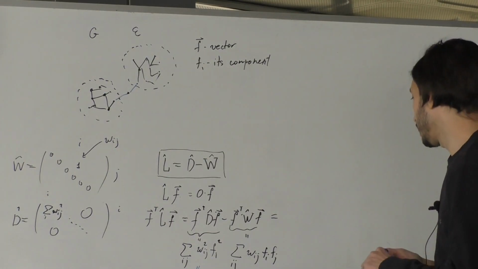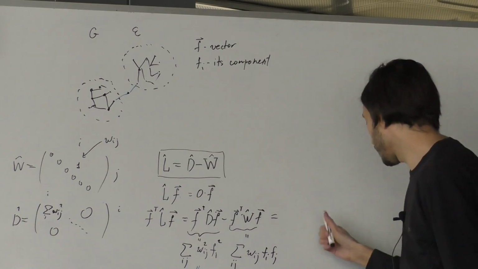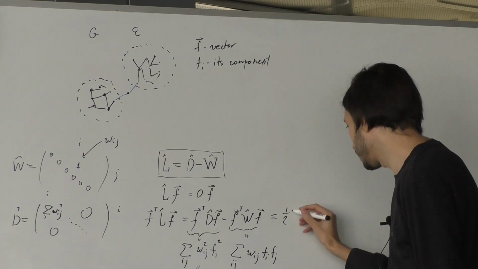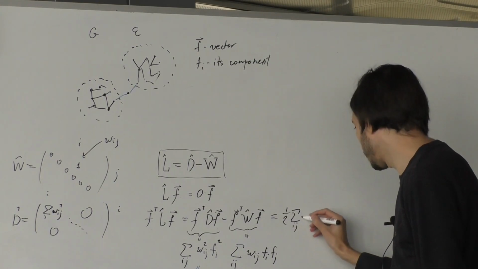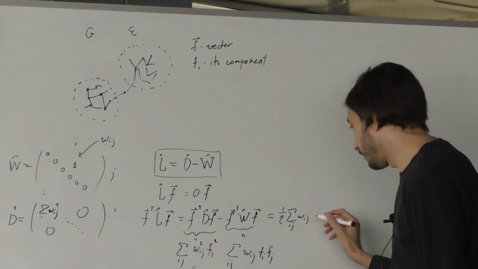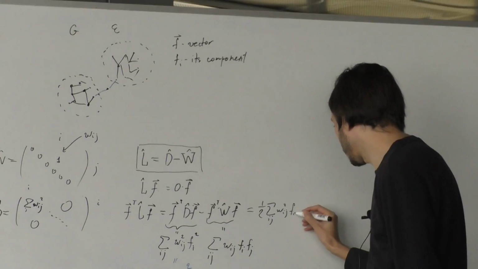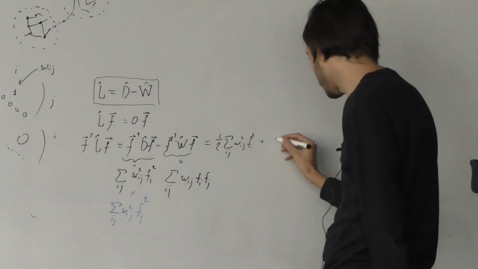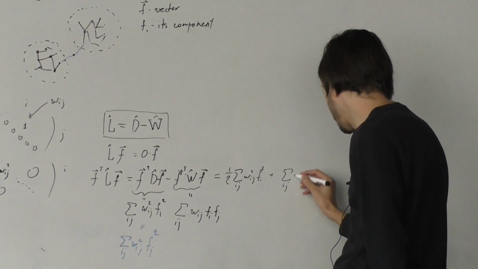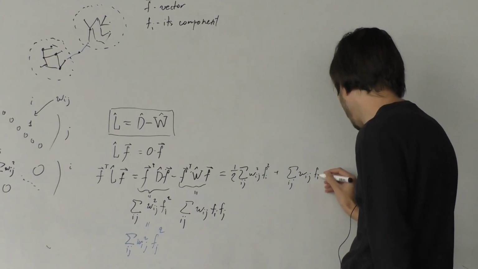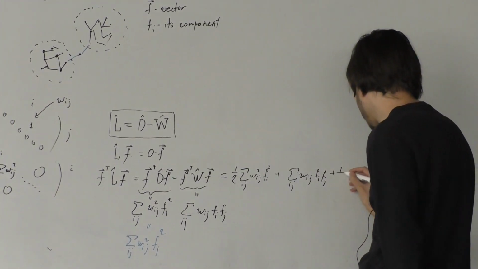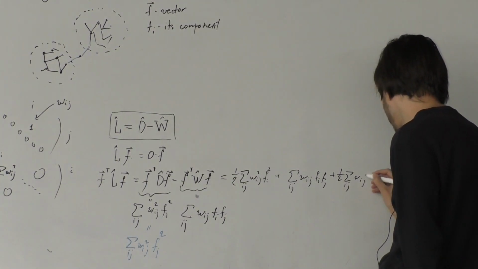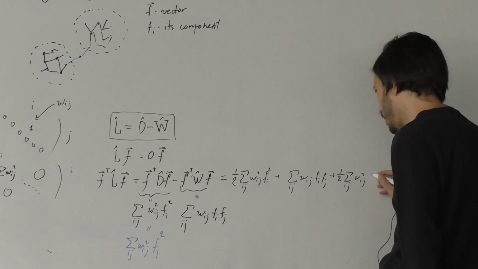And this equality means that I can write 1/2 of this sum as it is: sum over ij w_ij f_i squared, plus sum over ij w_ij f_i f_j, plus 1/2 sum ij w_ij f_j squared.